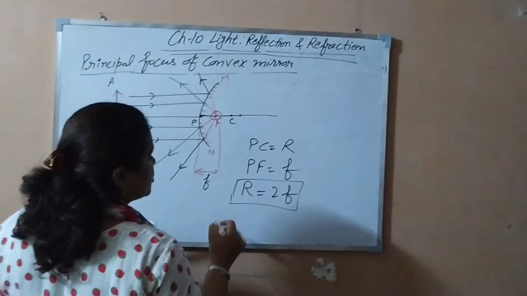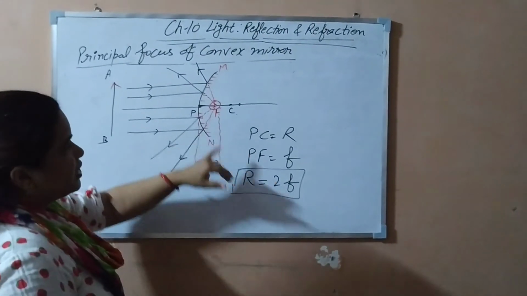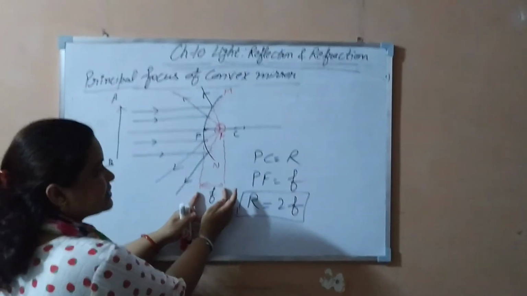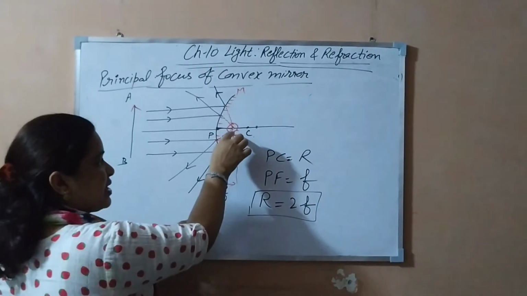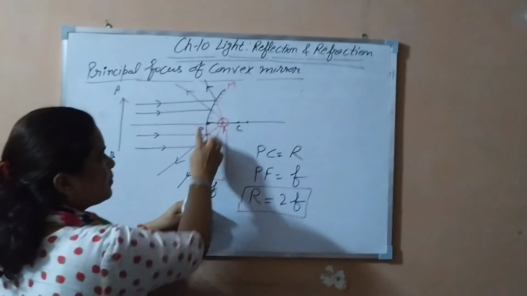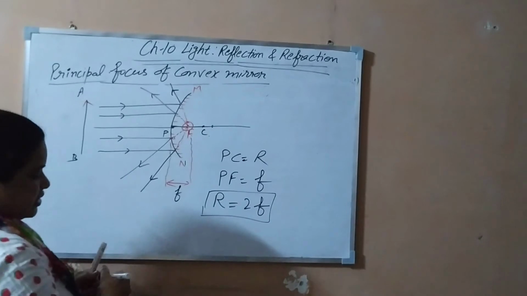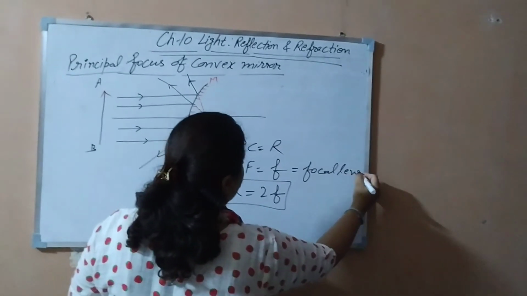So this is the relation between radius of curvature and focal length. Capital F is for the focus point, and small f is for the distance between pole and focus, that is the focal length of the convex mirror.